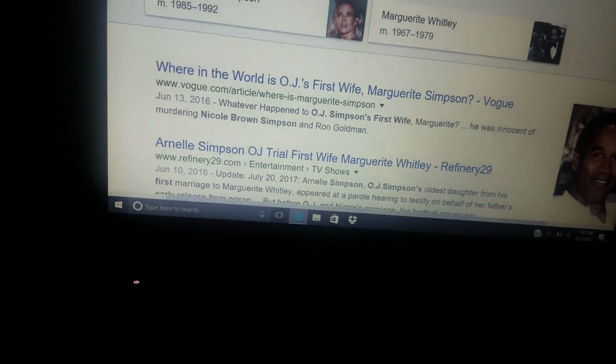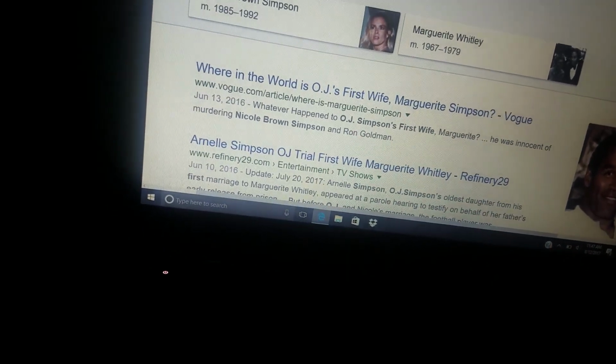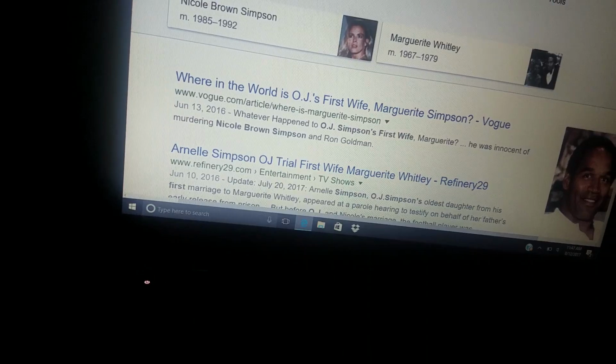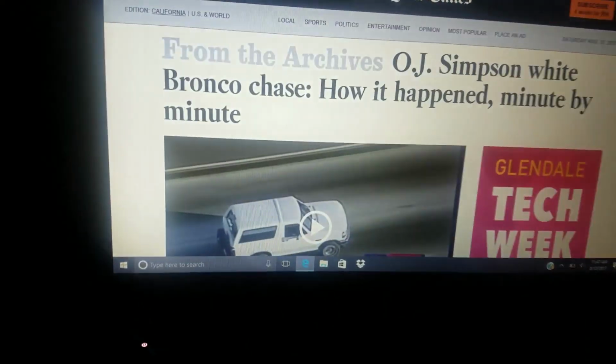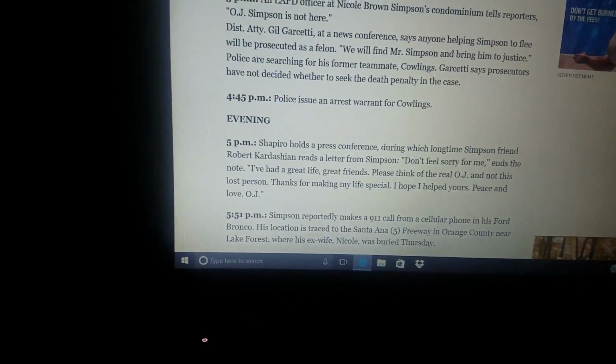So when you look at the O.J. Simpson chase, all staged through these numbers, through this number code.